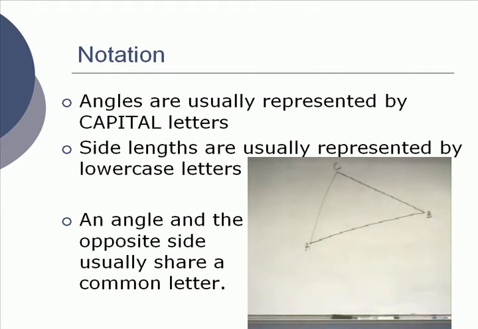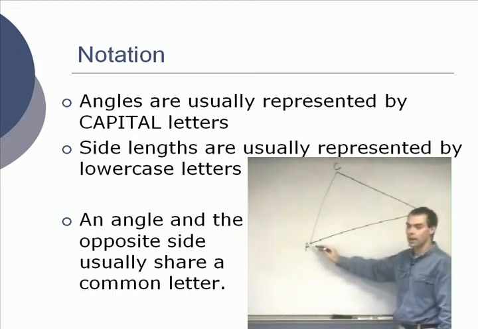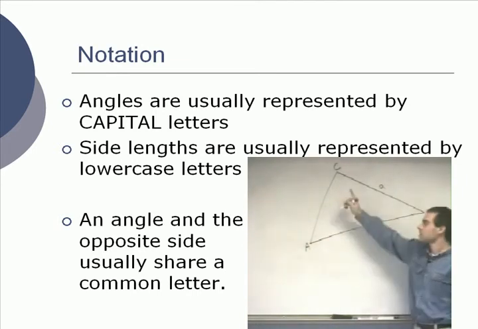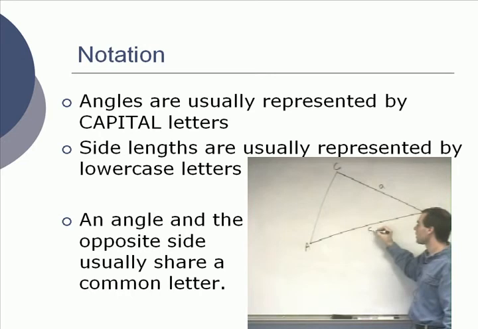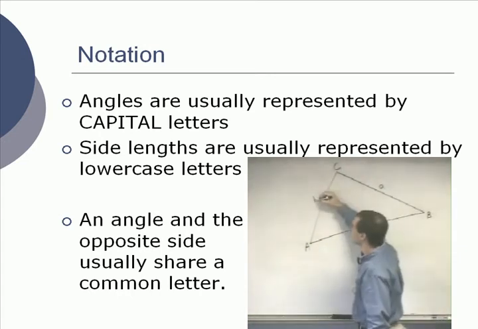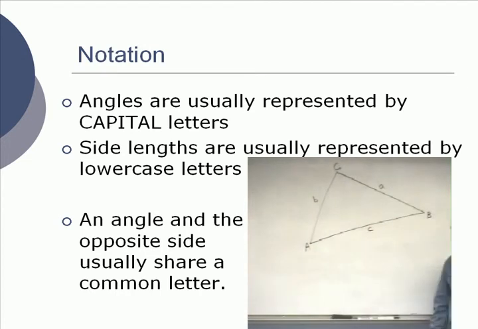The side lengths, segment lengths, are always referred to using lowercase letters, and typically so that opposite sides and angles share the same letter. So, for example, if I decide that this is angle A, this has to be side A. If that's angle C, this has got to be lowercase c. And if this angle is capital B, its opposite side is going to be lowercase b.